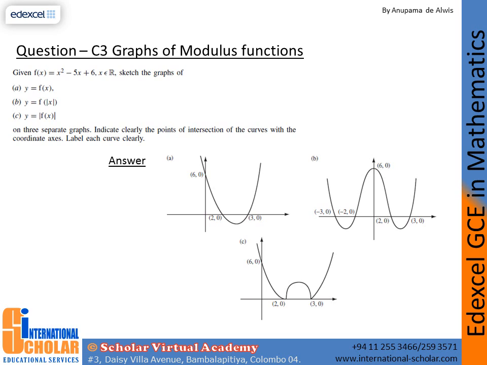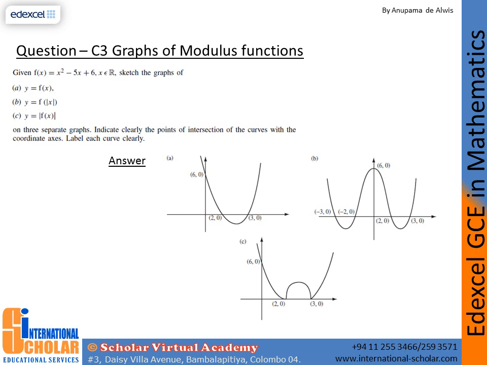So the points of intersection with the x-axis would be plus 2 and plus 3. Also, the y-intersecting point is when x is 0, that is plus 6. So the graph of fx is a very ordinary quadratic graph going through y equals 6, x equals 2 and x equals 3.